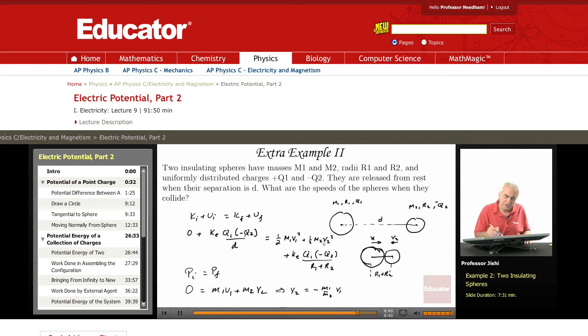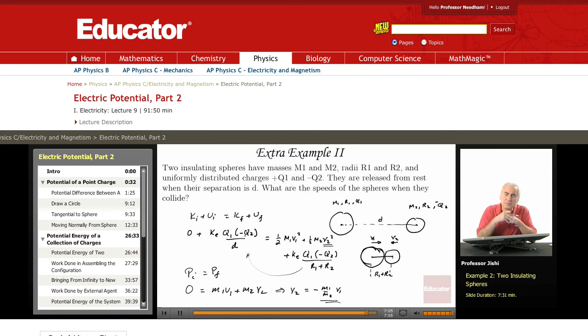So now I can put for v2 this value, and I get something times v1 squared. Here too I have v1 squared, so I take v1 squared as a common factor, take this to the other side, and solve for v1 squared. Very simple. Once I find v1 squared, I find v1, then I find v2.